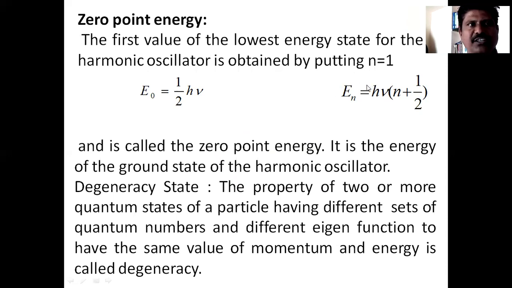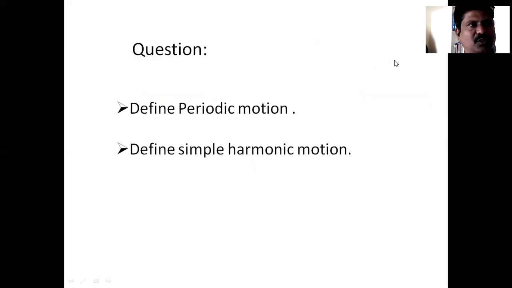So when you substitute n equals 0, we get E of 0 equals 1 by 2 into h nu. So it is called zero point energy, and it is the energy of the ground state of our harmonic oscillator.